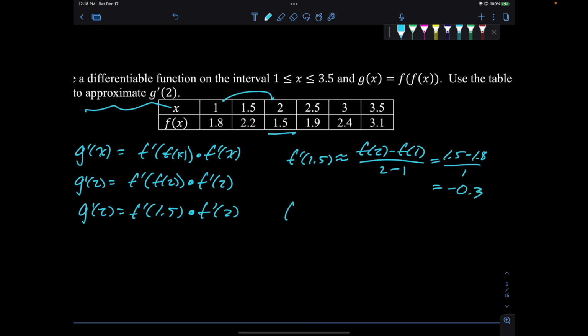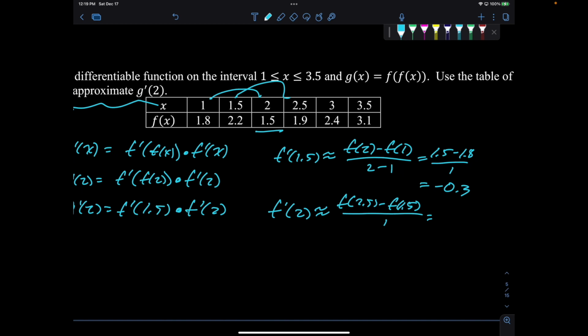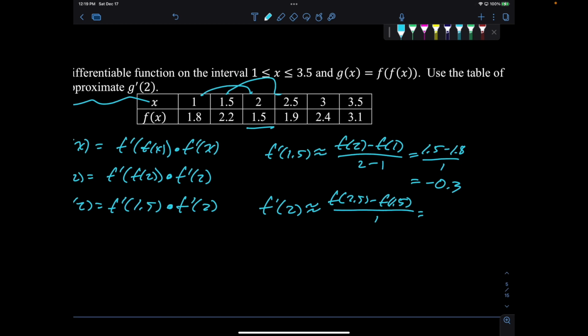And then we got to do the same thing for f prime of 2. So 2 is in between 1.5 and 2.5. So I'm going to do f of 2.5 minus f of 1.5 over 1, because that's 2.5 minus 1.5. So that'll be 1.9 minus 2.2 over 1, which is another negative 0.3.